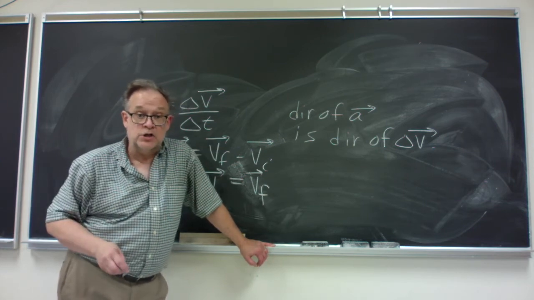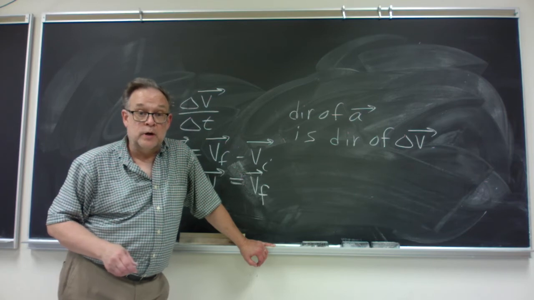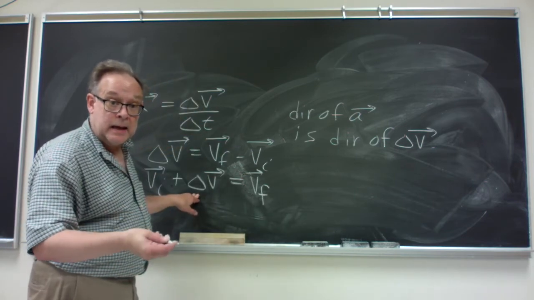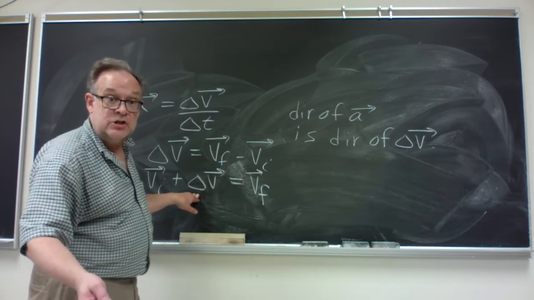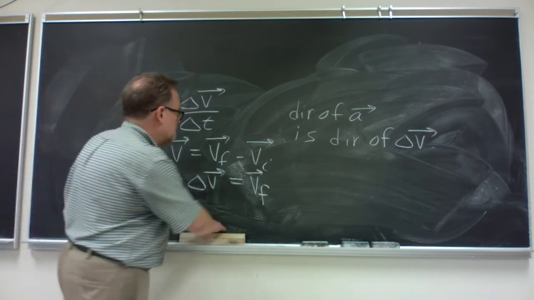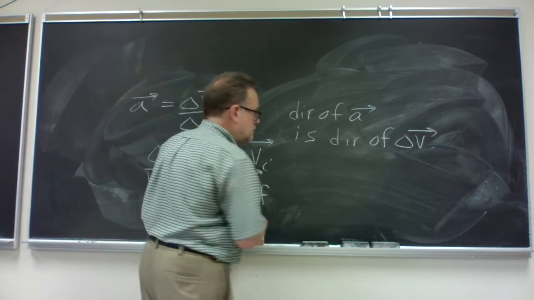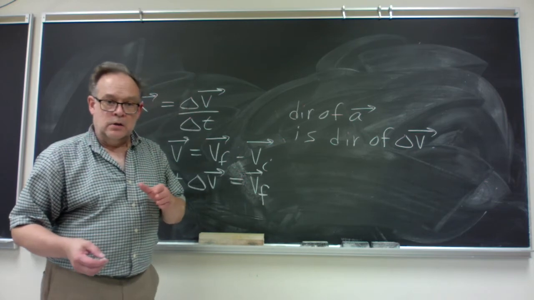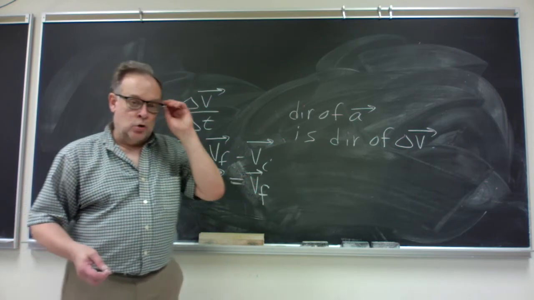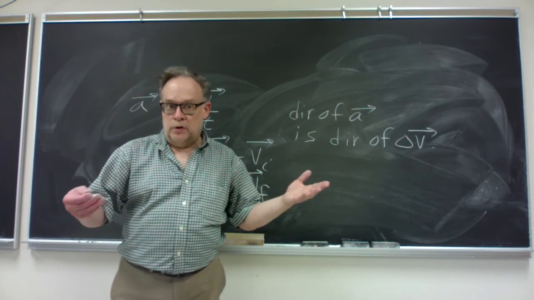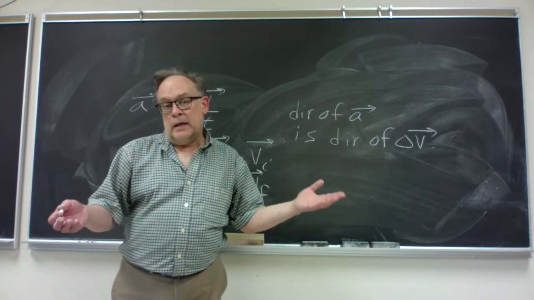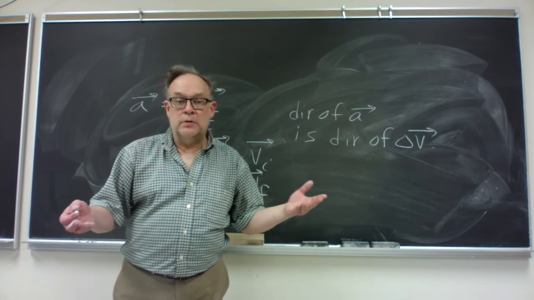The direction of acceleration tells you the direction of the extra velocity that is being added on to make the velocity change. Let's take one simple example. Let's say a moving object is speeding up, and of course the velocity vector is changing, and like any vector, we can represent it with arrows.